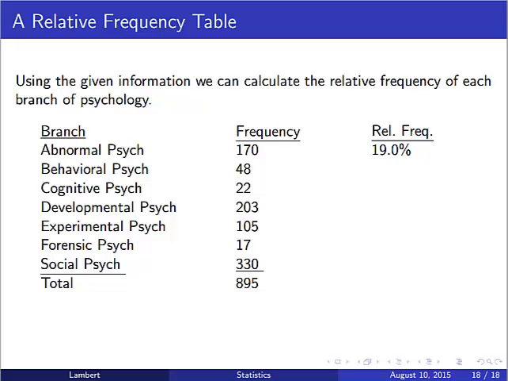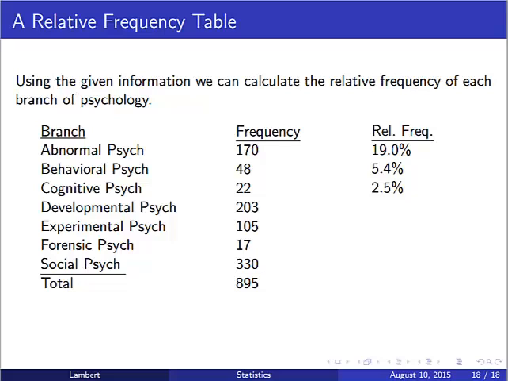When you look at behavioral psychology, you take 48 divided by 895, and then multiply that by 100, and you'd have 5.4%, once again rounding to the tenths place. Keep on moving forward. For cognitive psychology, 22 divided by 895, multiply that by 100 to turn it into a percent. We get 2.5%. We continue with developmental psychology.